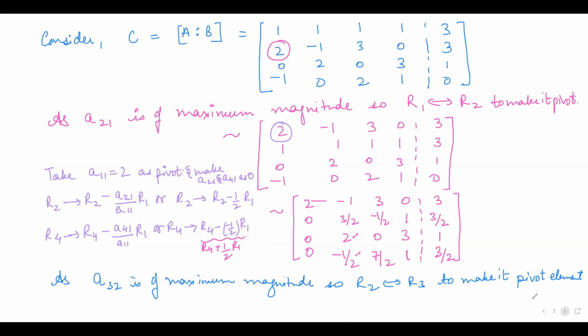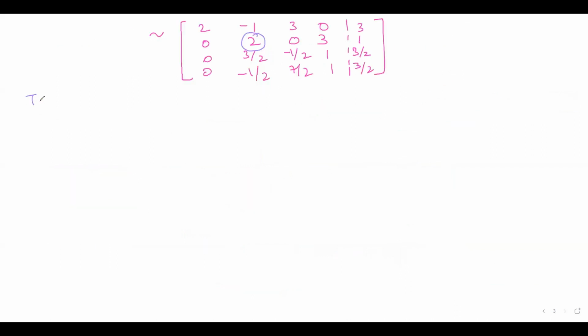Okay. So same step here. Take A22, that is 2 as the pivot, and make A32, A42 as 0. For that, you need to find out the elementary row operations.